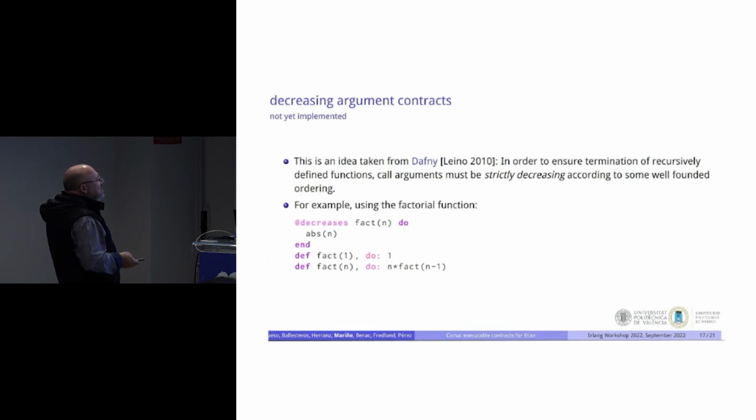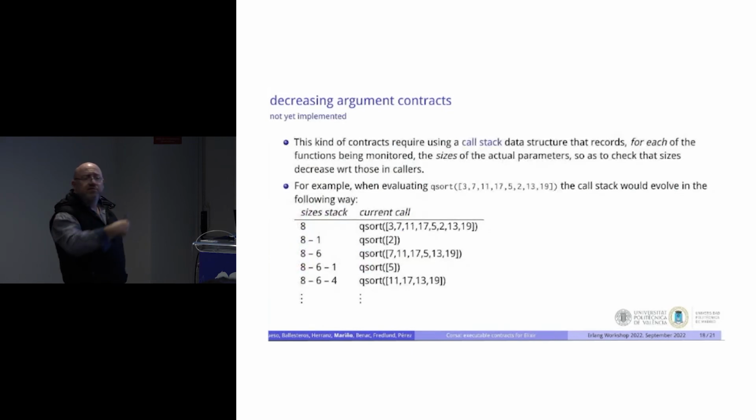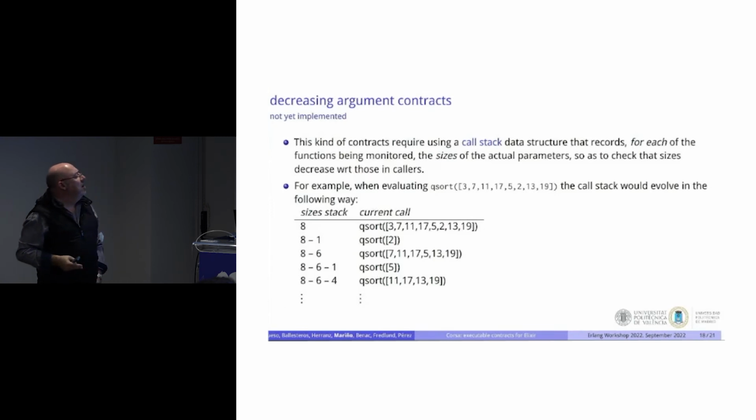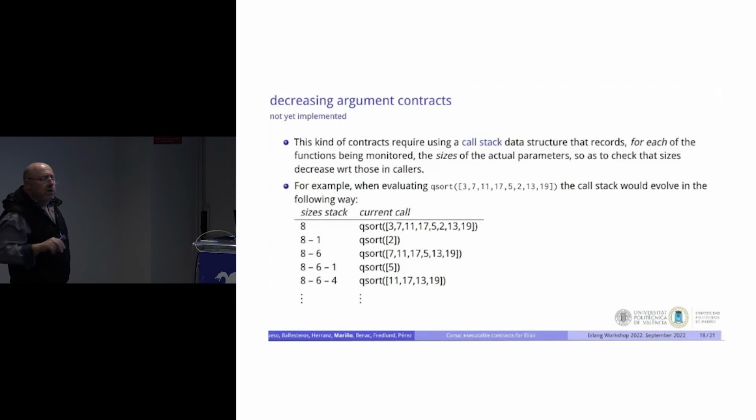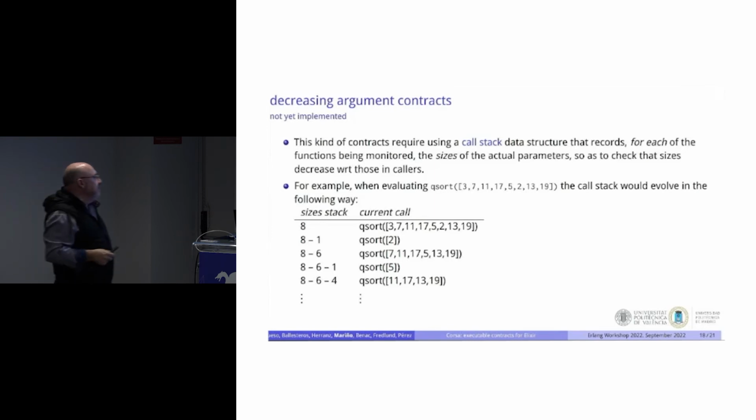So this can get trickier in general. It's not difficult to implement, of course, but in general, you can call a function recursively in a transitive way. So just for fun, I will mention how we implement this. We keep a separate call stack for every function which is labeled with a decreases contract, and for that we maintain a stack of sizes.